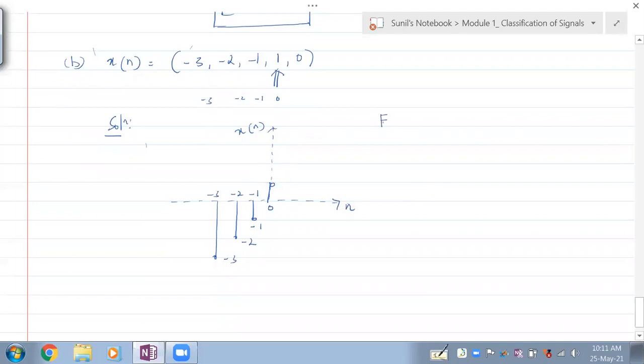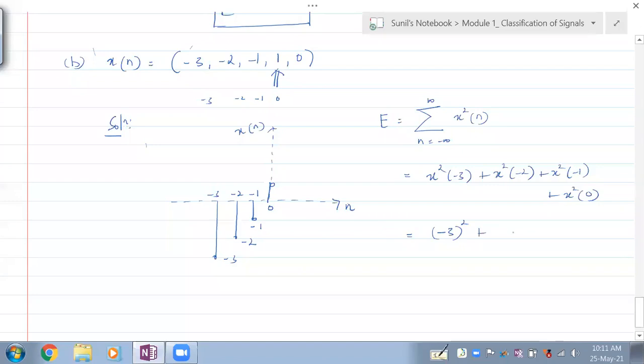If we have to find the energy, since this is discrete, we have to take n ranging from minus infinity to plus infinity, of x squared of n. And since there are 4 samples, the samples start from minus 3. At n equal to minus 3, we have minus 3 squared, minus 2 squared, minus 1 squared, plus 1 squared.